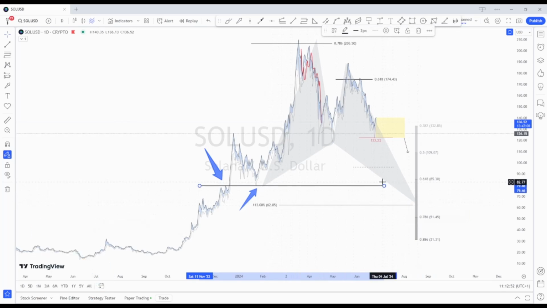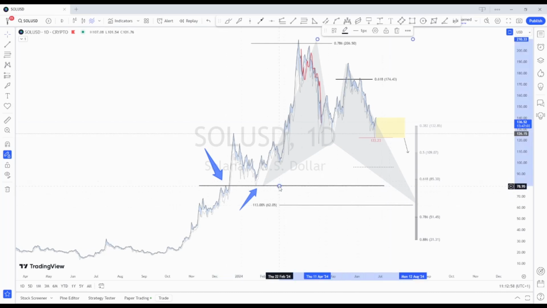So basically a threat to break or to recover this pivot zone, which will depend on how you see the market, but a threat to recover these levels, this pivot zone at 79.46.